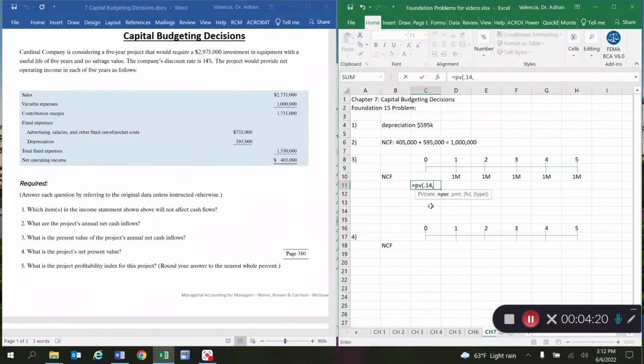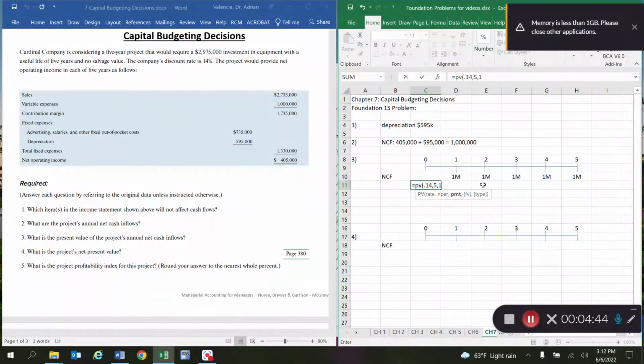We put a comma there, and then it needs to know the number of periods, which in this case is 5 years. The next option says payment, and you would use this option if you have an annuity. But in this case, oh, actually, my bad, this is an annuity. I take that back because we have an equal stream of payments every year. So because it's an annuity, we're going to put in here 1 million.